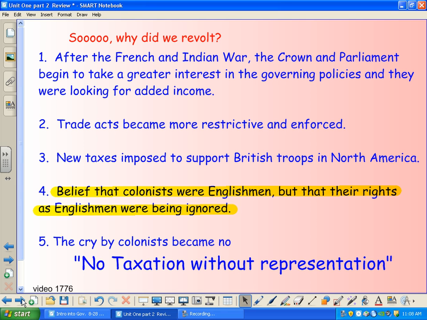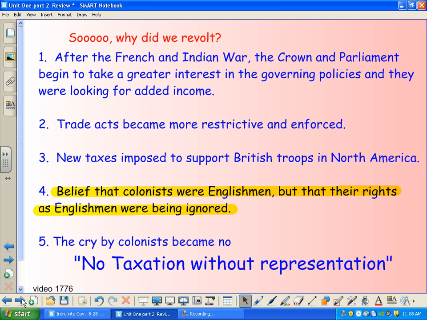And so they began to take a greater interest then in governing as well as looking for added income. They started to address trade acts. Many of them had already existed. Unfortunately, nobody had really done anything about enforcing them. So they began to enforce them.